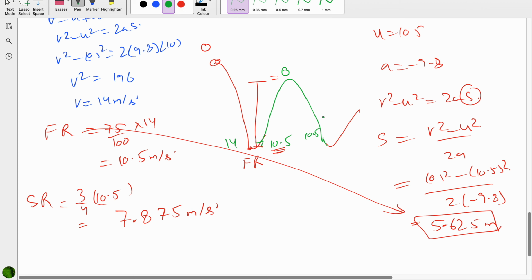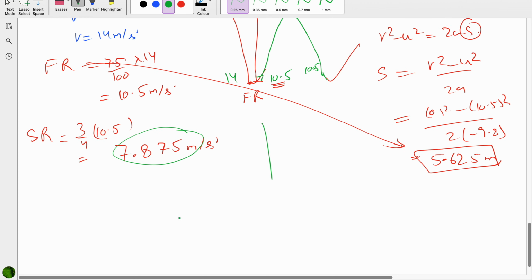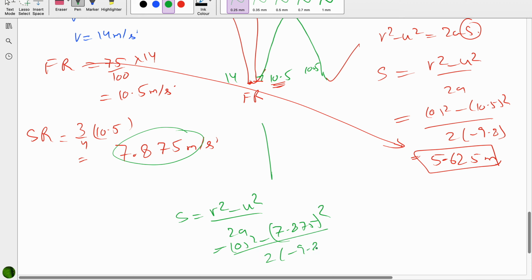And for the second rebound, it rebounds with this speed. So same, I'll just write the formula and place the values directly. Rebound final speed is 0 squared minus 7.875 squared over 2 into minus 9.8.